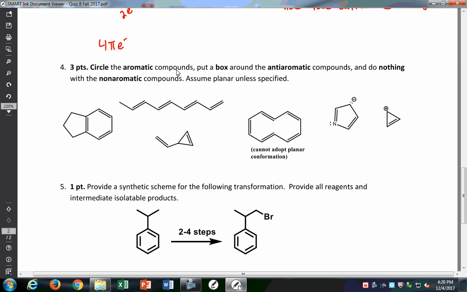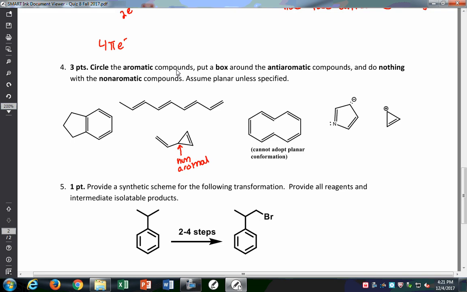So it's that linear system, it's non. The other non-aromatic system is this one, because even though we have a double bond here, it's not in cyclic conjugation, there's no p orbital.